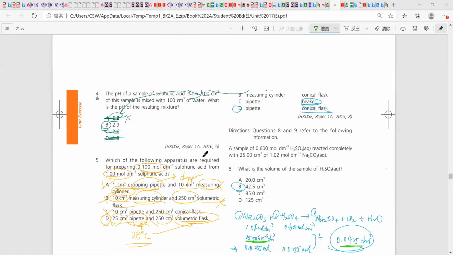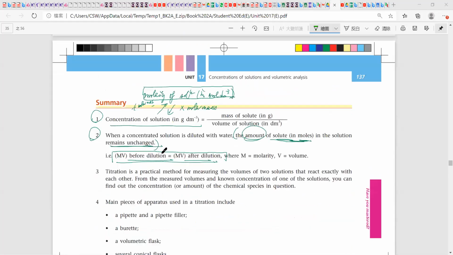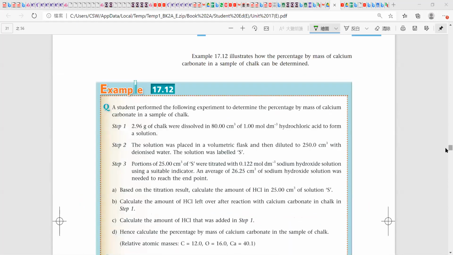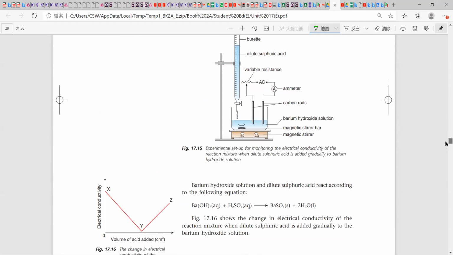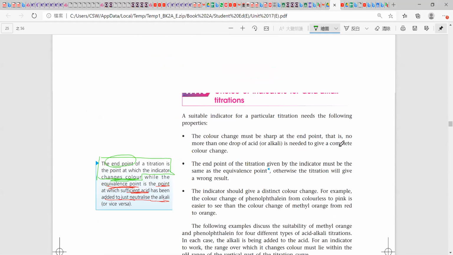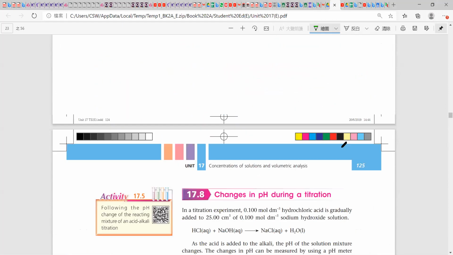Now, our focus for today is to get used to some more practice on doing the calculations on direct titration.